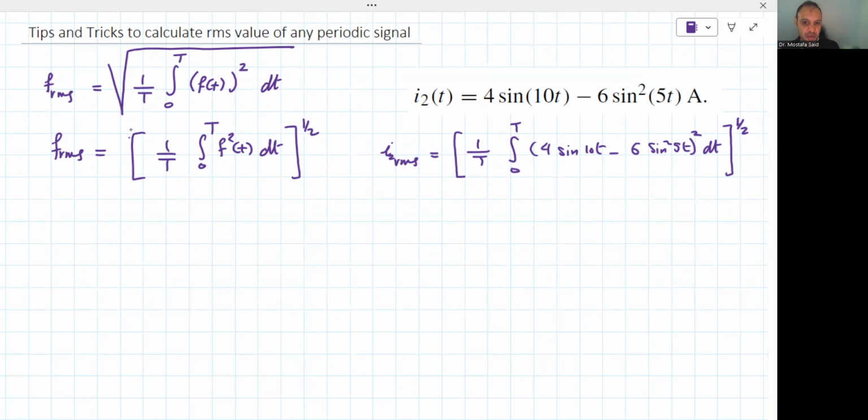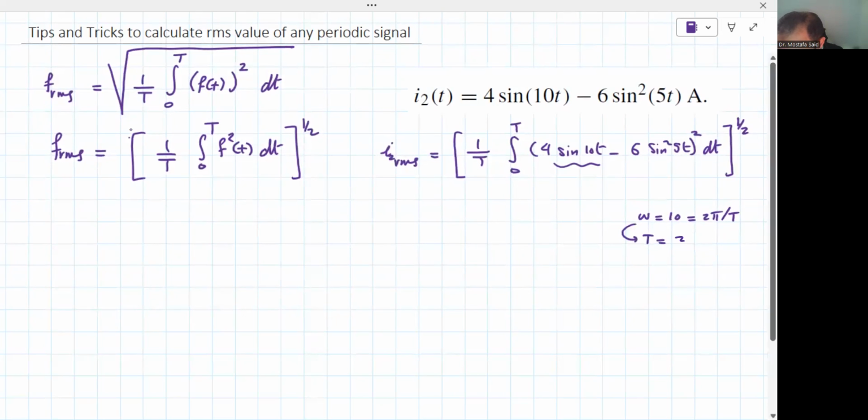Same dilemma that we had last time. If we look at the first term, omega is equal to 10. So that's 2 pi over T, or 2 pi f, and f is 1 over T. And from that, T is equal to 2 pi over 10. But if we look at the second term, omega is 5, and from that, T is equal to 2 pi over 5. That's a contradiction, right?